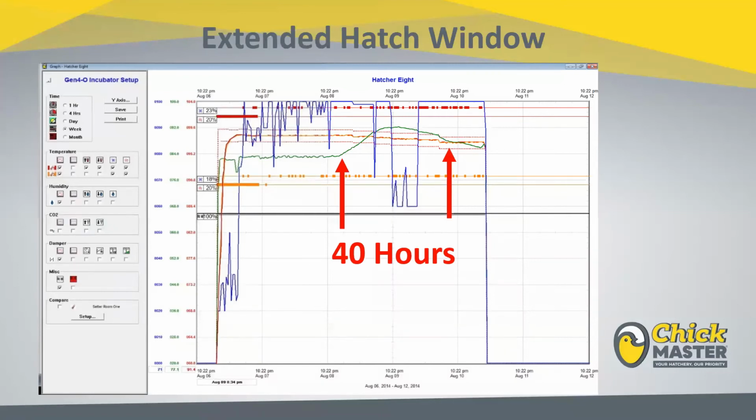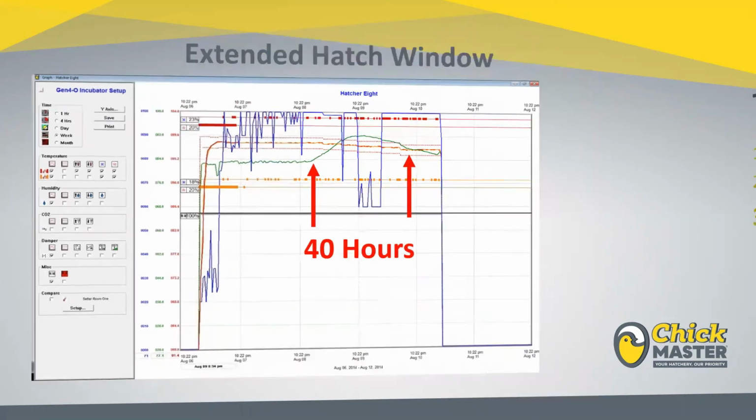So if you do have a Maestro system, or if you are able to document your wet bulb or relative humidity, when you see things that will affect that duration and that uniformity in temperature and the inconsistency in operation of your incubation, commonly this is what you'll find. You'll see this extended time period for your hatch window. And this is what it looks like in your graph. So not a very uniform curve either.